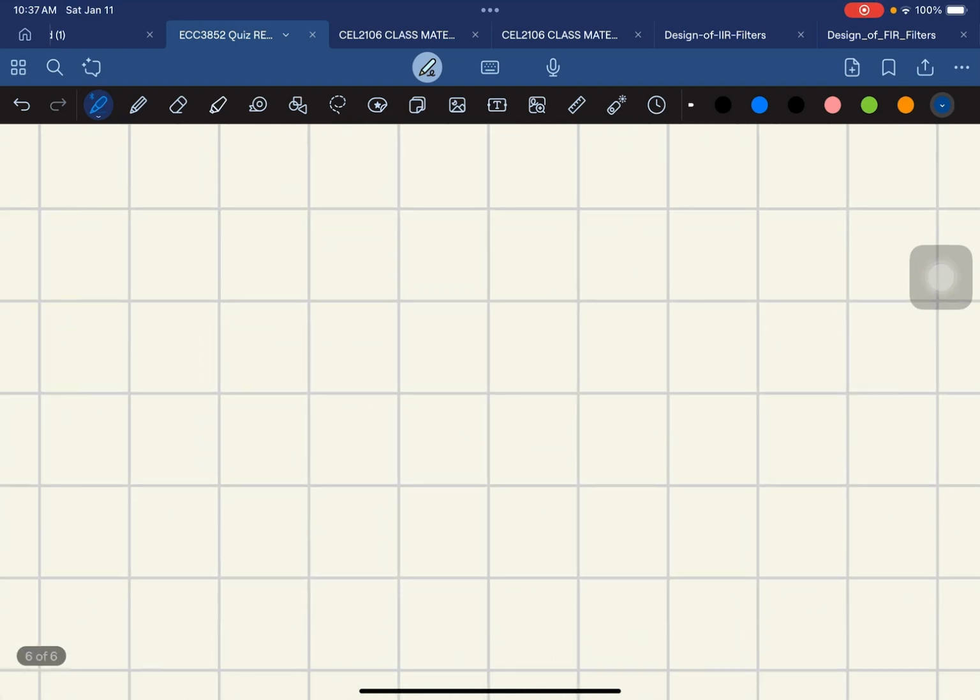So if we substitute s[n], it will be like this.